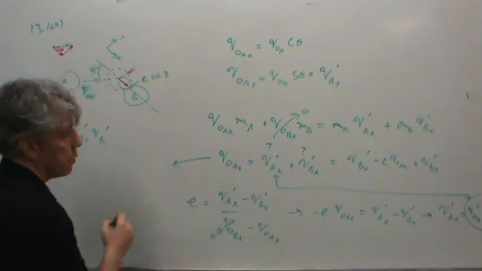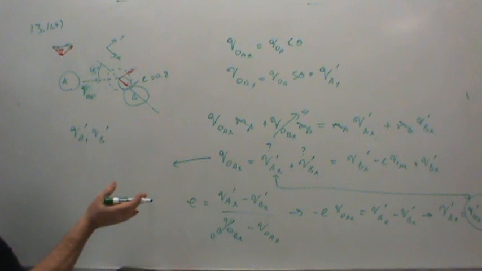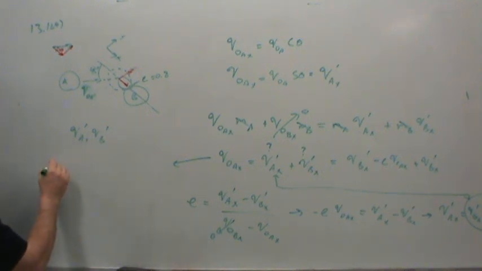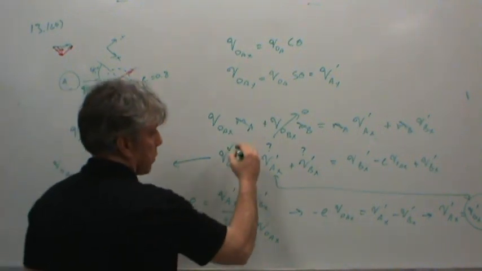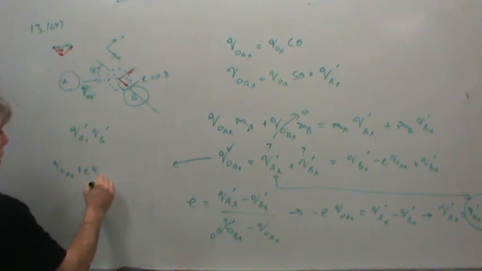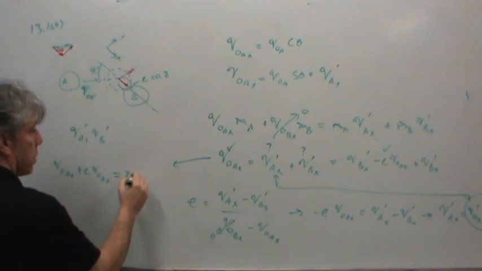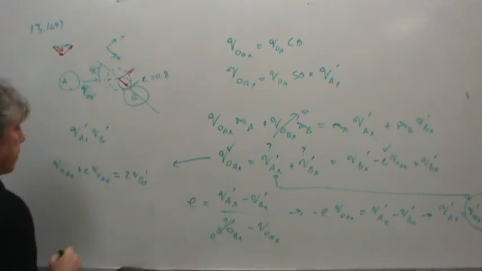Let's take this equation, move it over here. We want V B x prime by itself. So what we'll do is just write V naught A x, that's this piece, plus E V naught A x, that's this piece, equals 2 V B x prime.